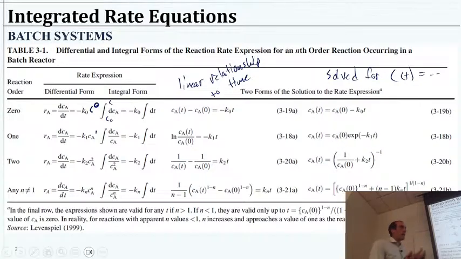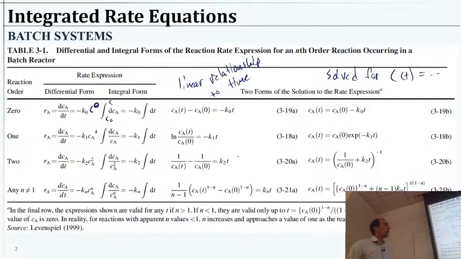Okay, that brings us to the second order. So the second order equation, if we take the integral of dc over c squared equals negative k times the integral of dt, the solution here is that we get 1 over c minus 1 over c naught. That's what I alluded to last time with low confidence. And so the linear form would be 1 over concentration minus 1 over the initial concentration is equal to k times time.